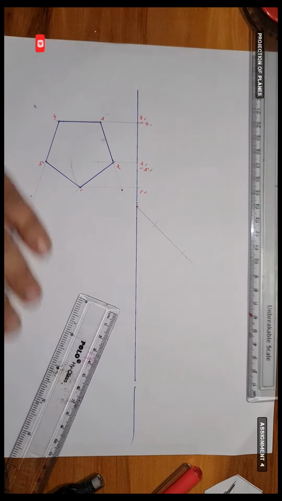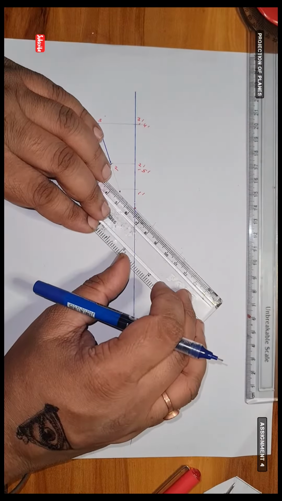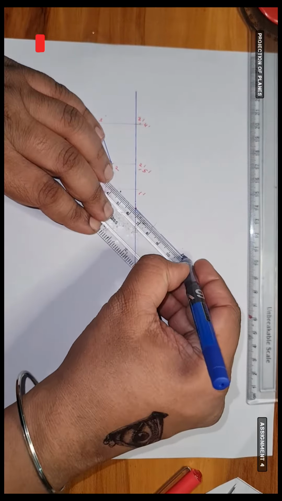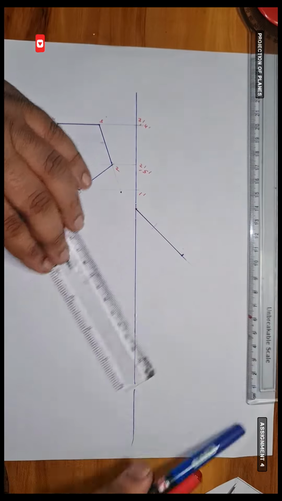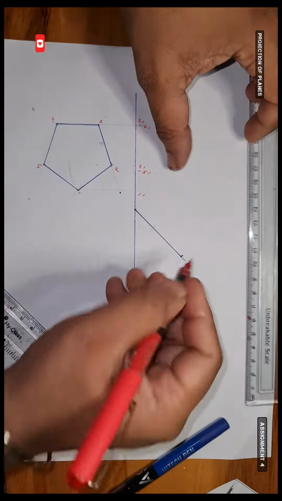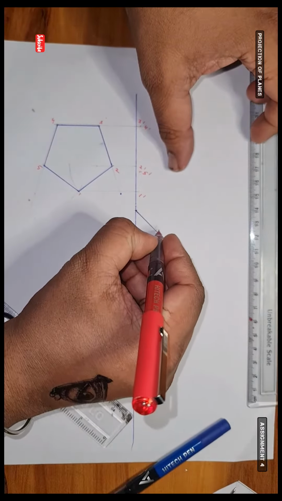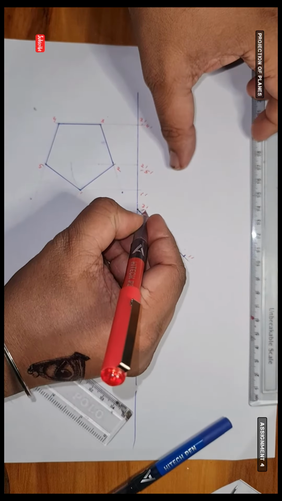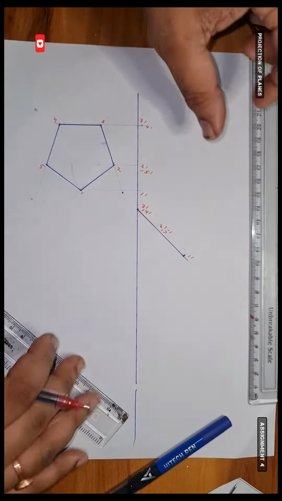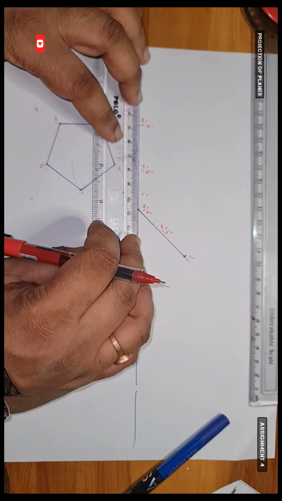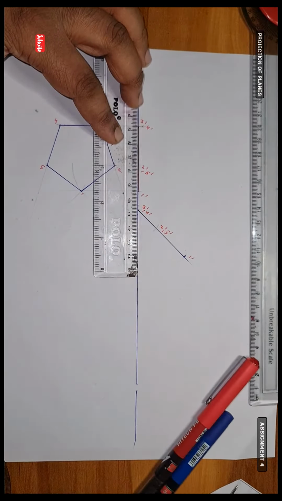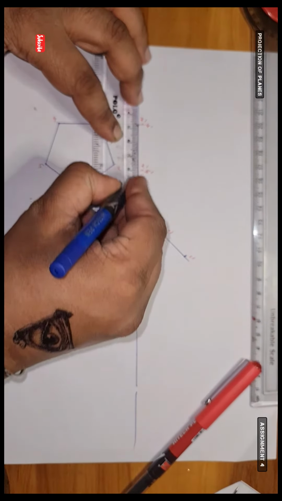Now you dark the points. This would be your 1 dash, this would be your 2 dash comma 5 dash, this would be your 3 dash comma 4 dash. So this is your first front view, this is your second front view. You have to use a blue pen.